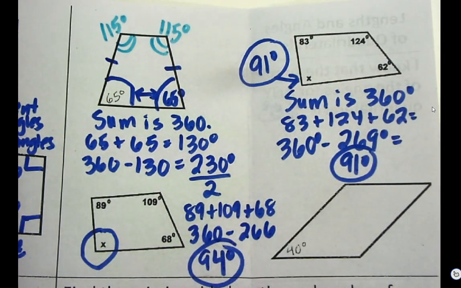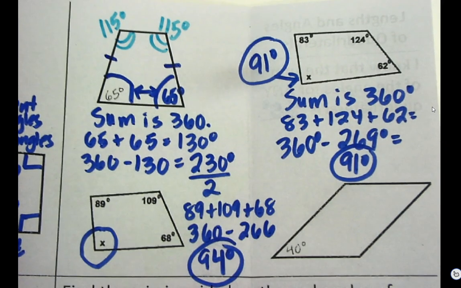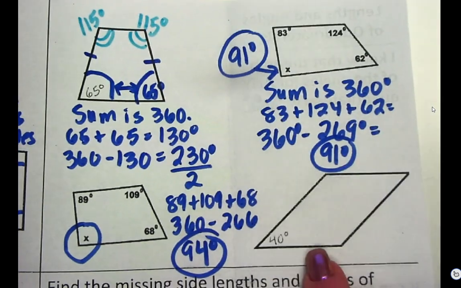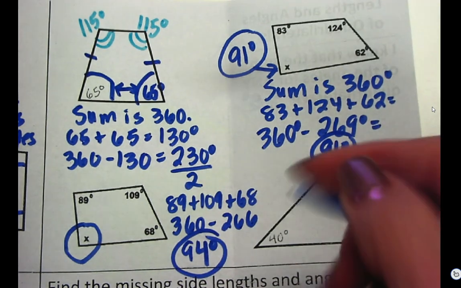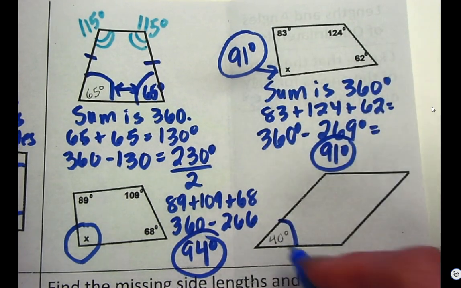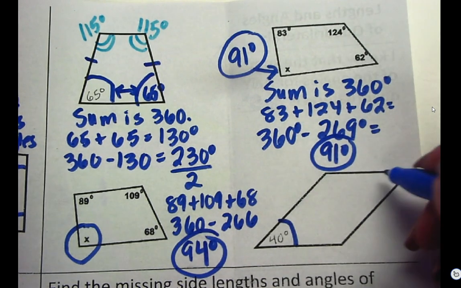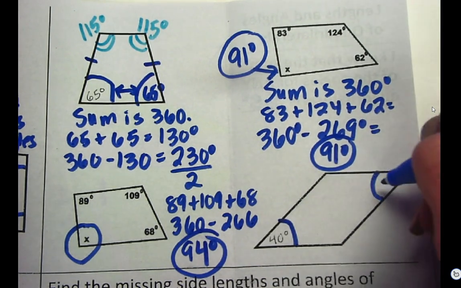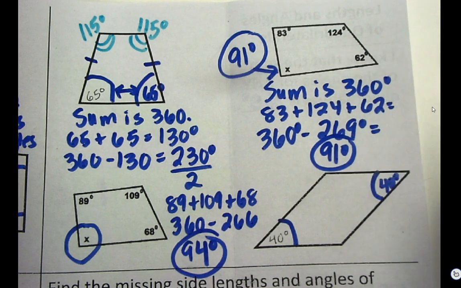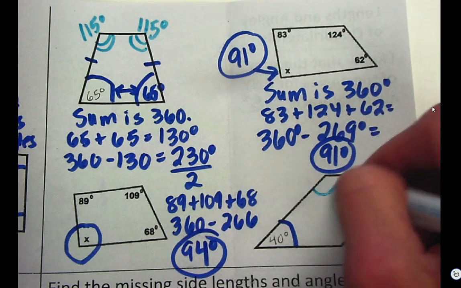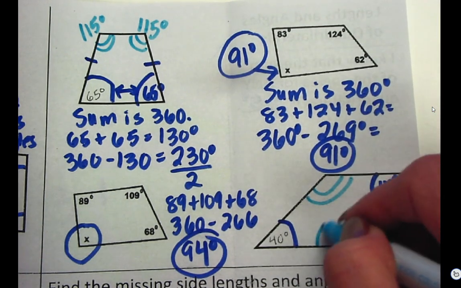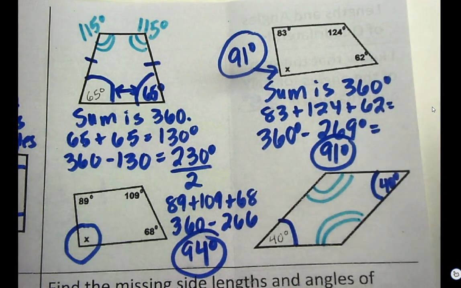Okay? Now the last one's a little bit trickier because what shape do I have? It's not a rhombus, parallelogram, and I know that this angle is 40. So if that angle is 40, what is this angle going to be? 40, because opposite angles are congruent. Now I've got to figure out this angle and this angle.